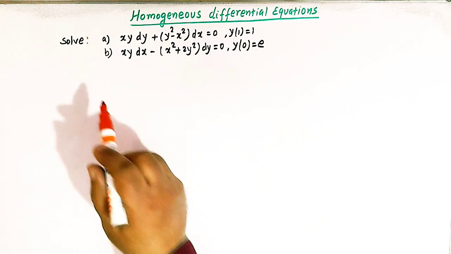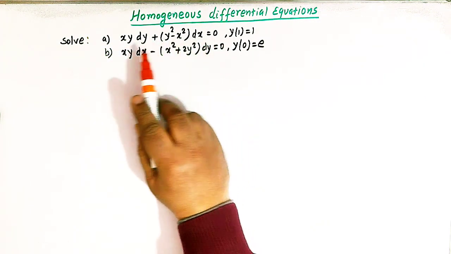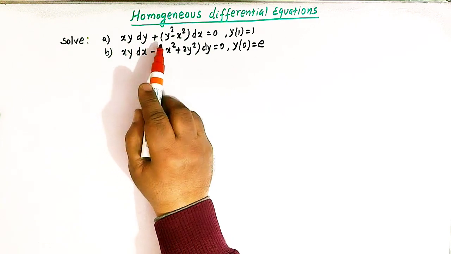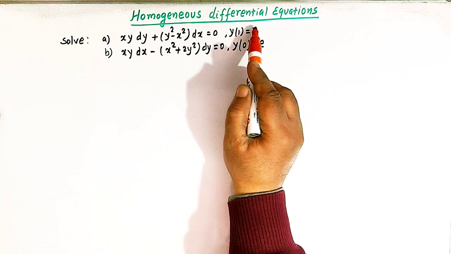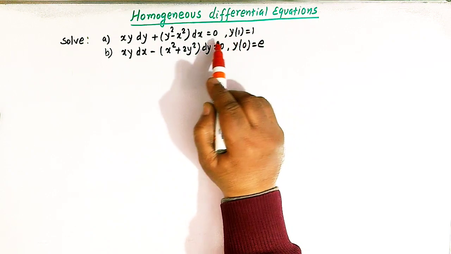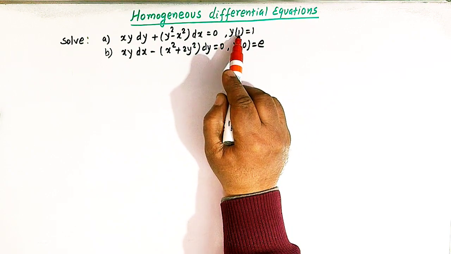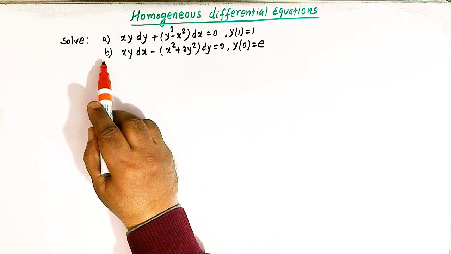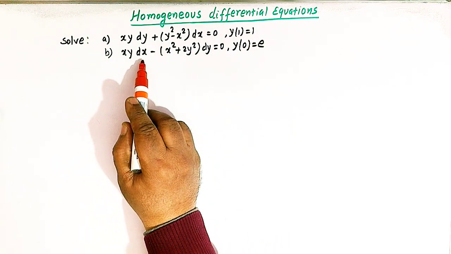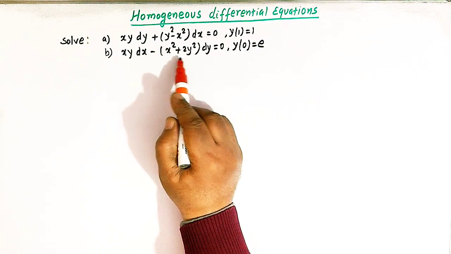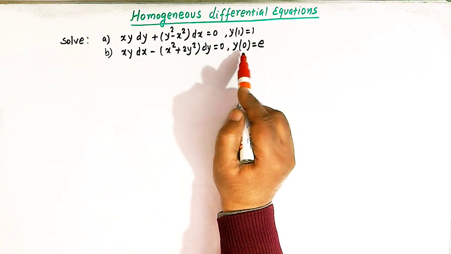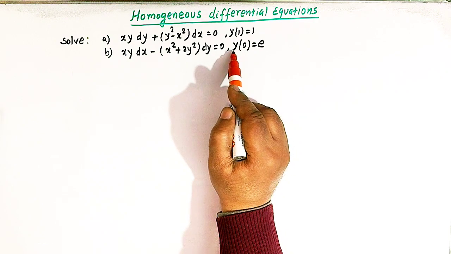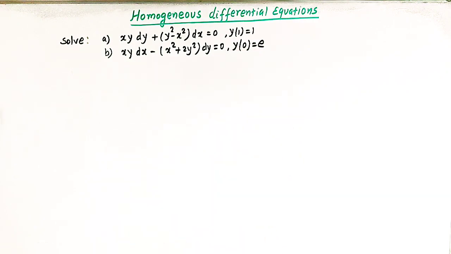In the first equation we have xy dy plus (y square minus x square) dx is equal to 0, and we are also given the boundary condition, that is when x is 1, y is 1. In the second equation, we have xy dx minus (x square plus 2y square) dy is equal to 0, and the boundary condition is when x is 0, the value of y is e.